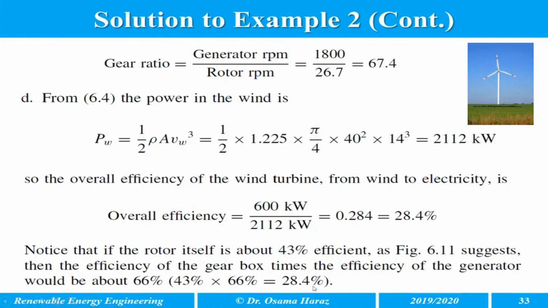The efficiency of the gearbox times the efficiency of the generator is about 66%. 43% times 66%, you end up with 28.4%. So the efficiency of the gearbox and generator becomes 66%, and the overall efficiency does not exceed 29%.